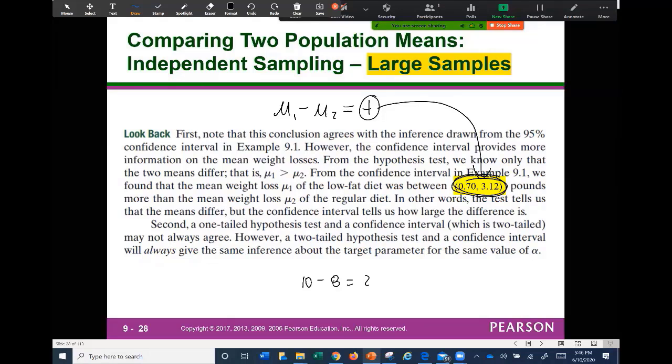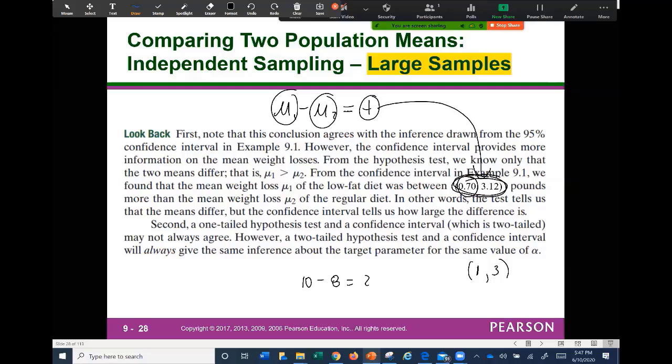That implies that the first value is bigger than the second, but also this information tells us that the first mean is bigger than the second by at least 0.7 unit, but no more than 3.12 units. Then in this particular case, the confidence interval tells us how large the difference is.